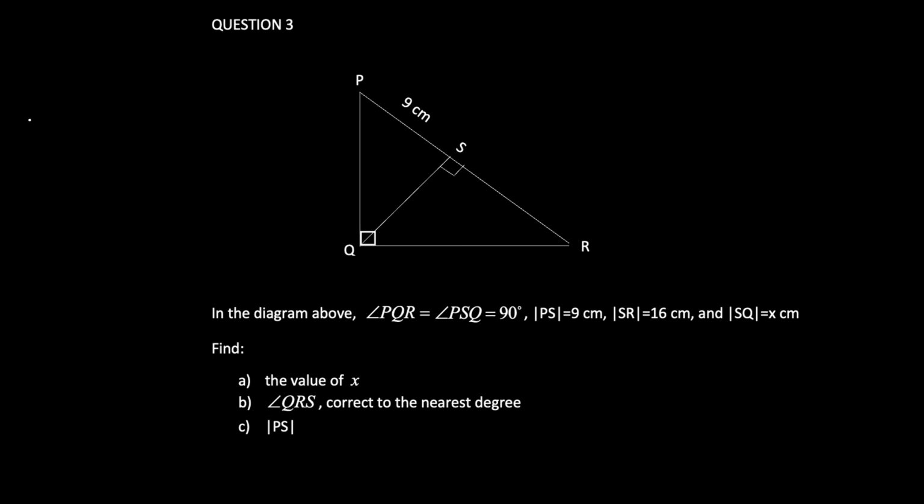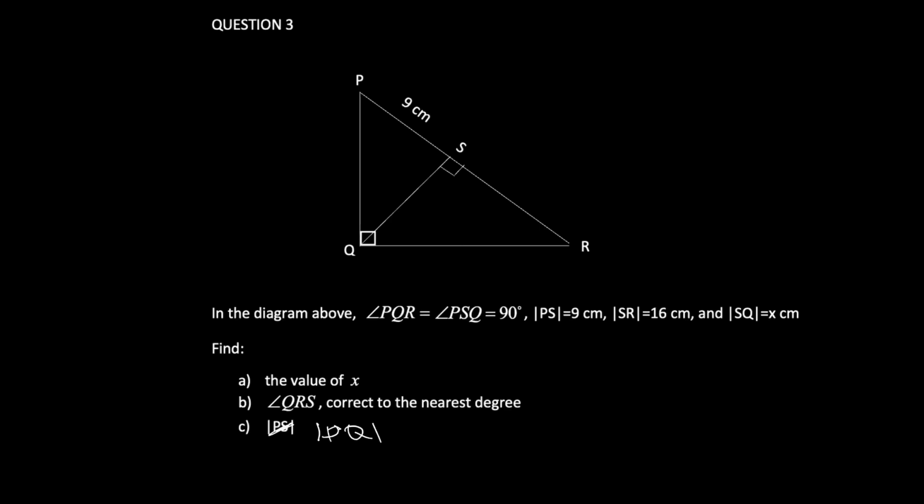Now moving on to question 3c, it says find the line. This should be PQ, since we already have the line PS. All right. So let's draw our triangle again.